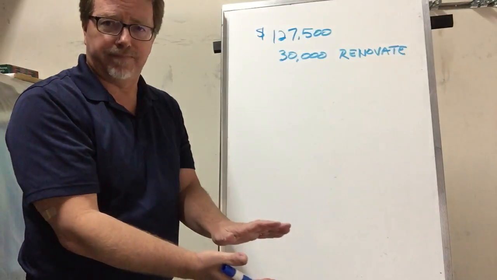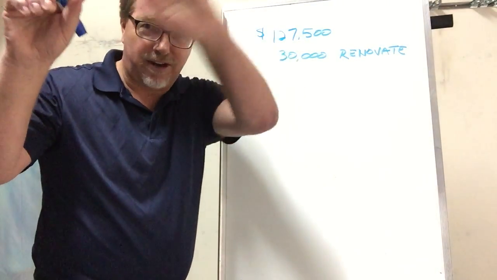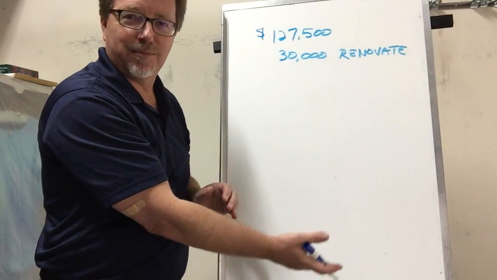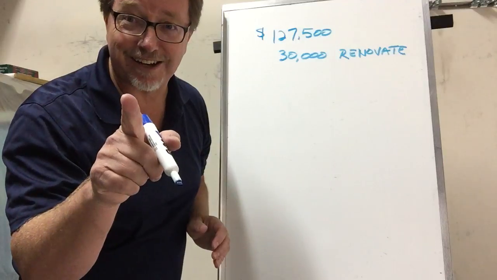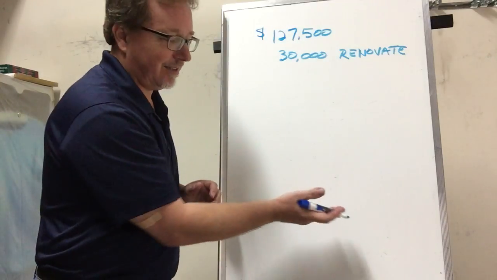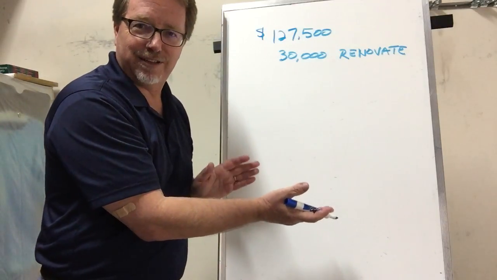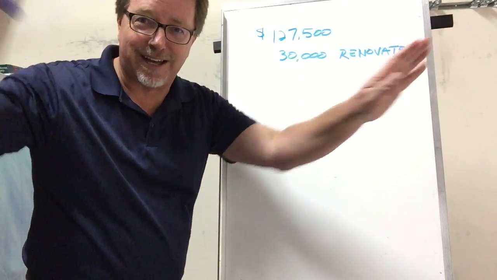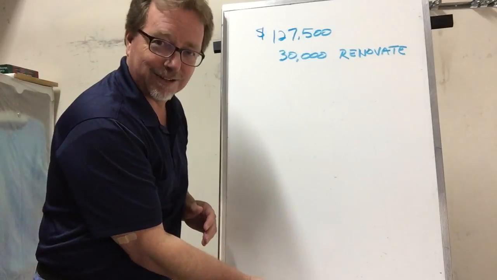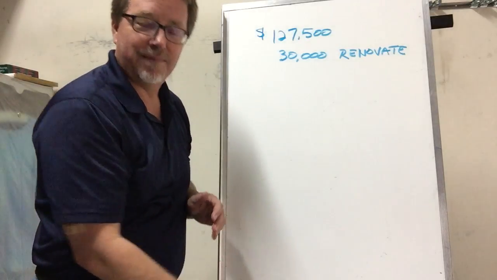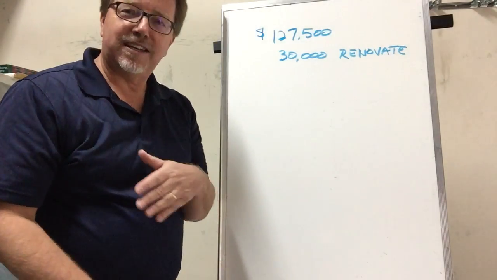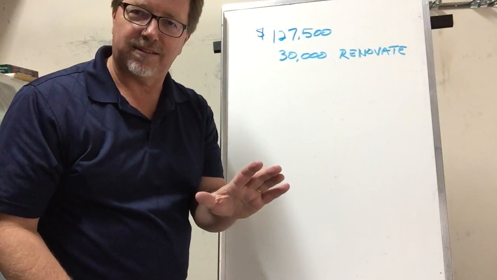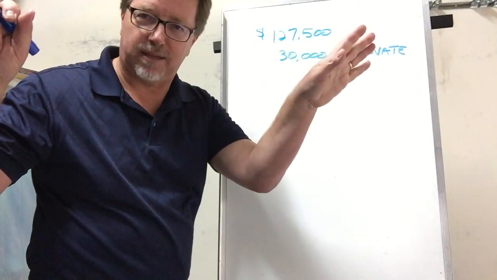And I go, first of all, you've got enough strong income in other places that no matter what that negative number is at the bottom of the form, you're not going to get to deduct it anyway, because that calculates the calculated loss, but because of the strength of your income, it's not your deductible loss anyway. So even if I did put 30 grand in the repairs, it's not going to save you any taxes because your income's too strong in other places.